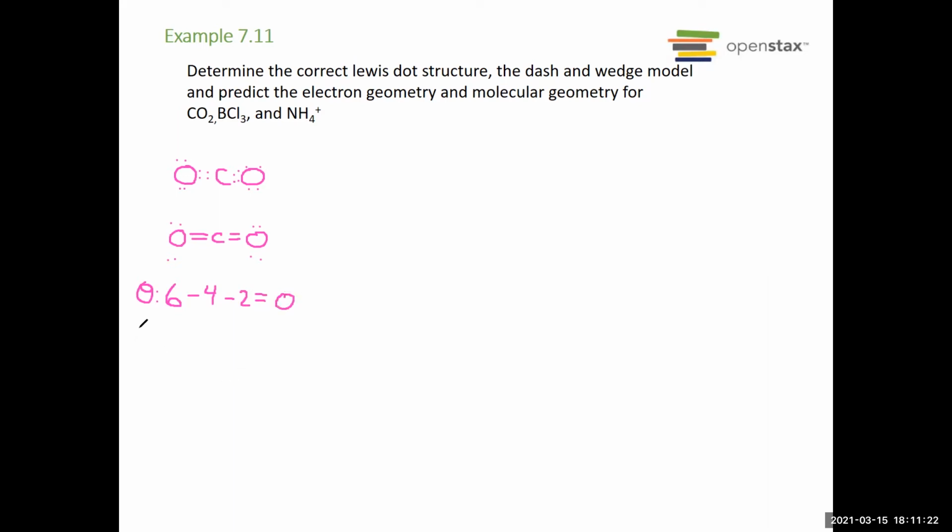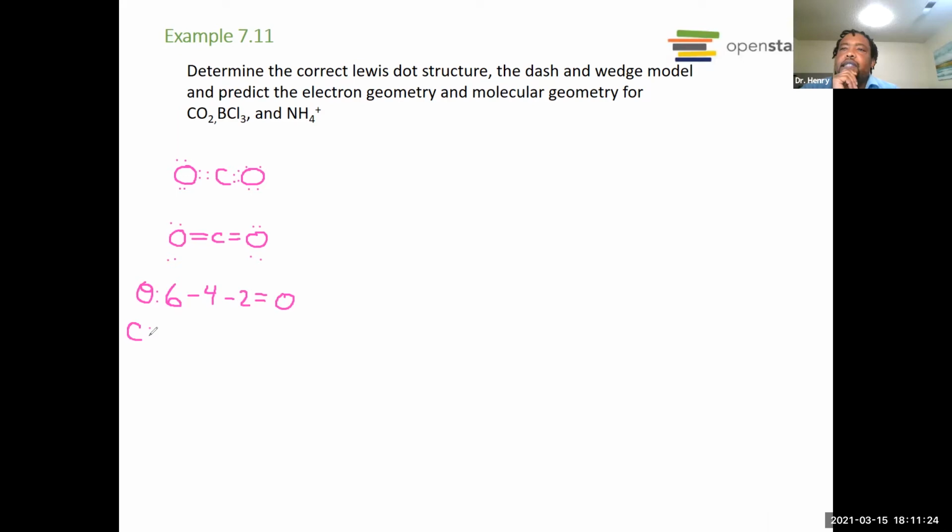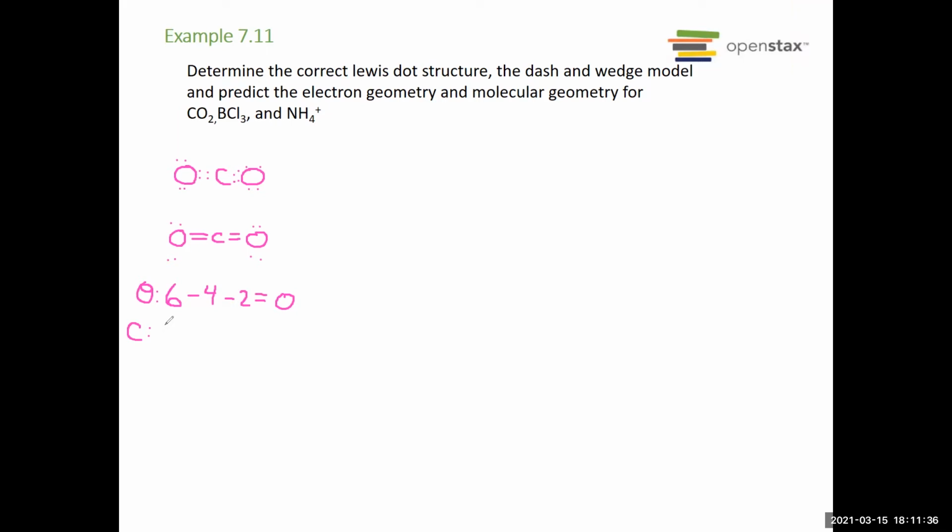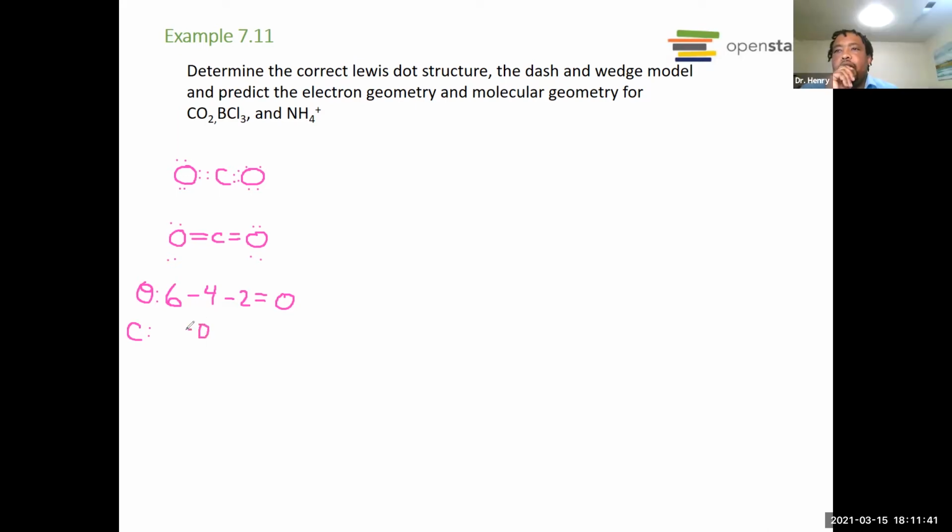And then what about carbon? There are no lone pairs for carbon, so 0 lone pairs. Valence electrons, 4.